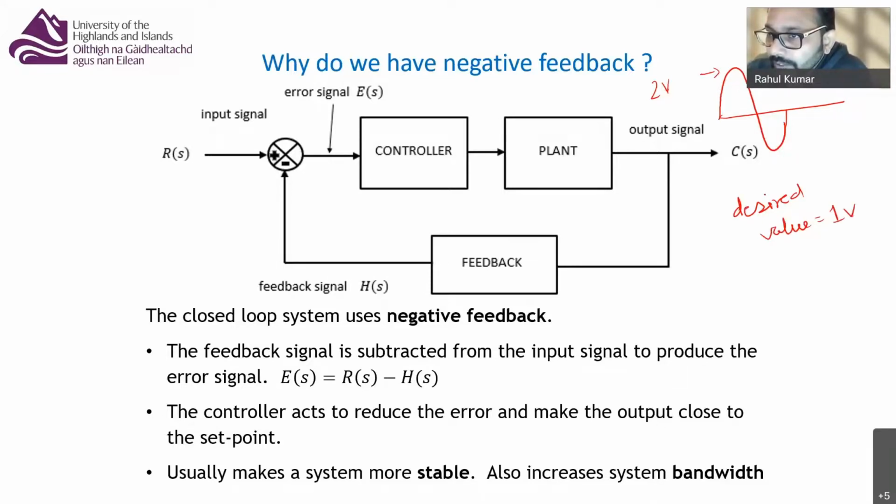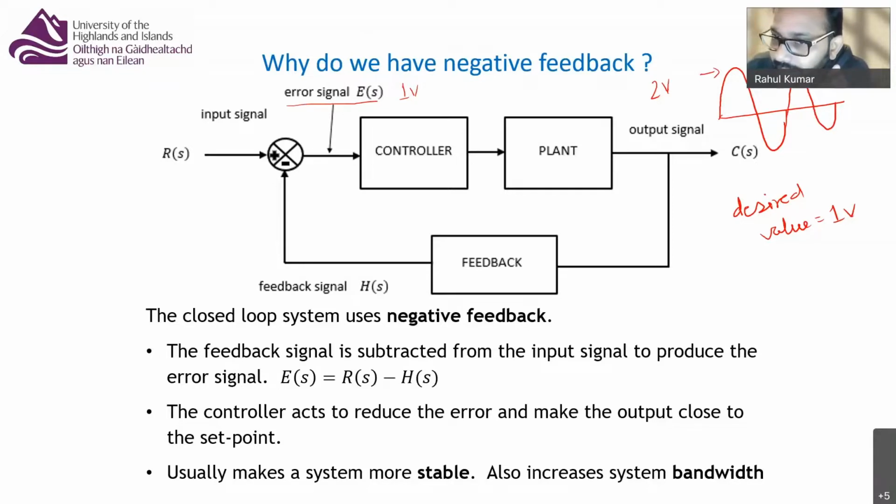So the first time I'm getting 2 volts as my output, so there is an error, right? That error will be calculated here, and it will come out to be 1 volt. Again, plant and controller will try to reduce the error. So maybe in the next run I will get maybe 1.5. Okay.